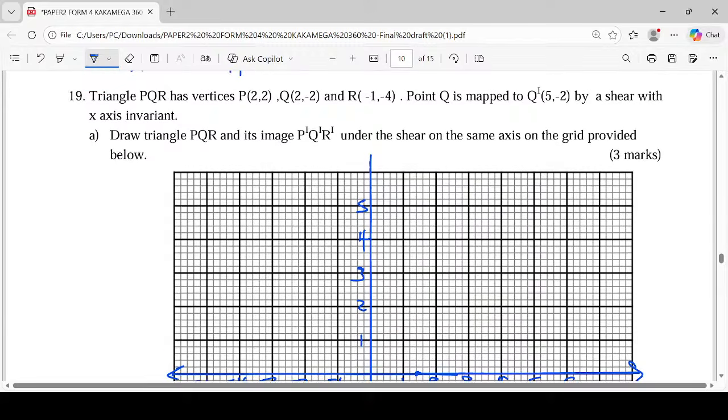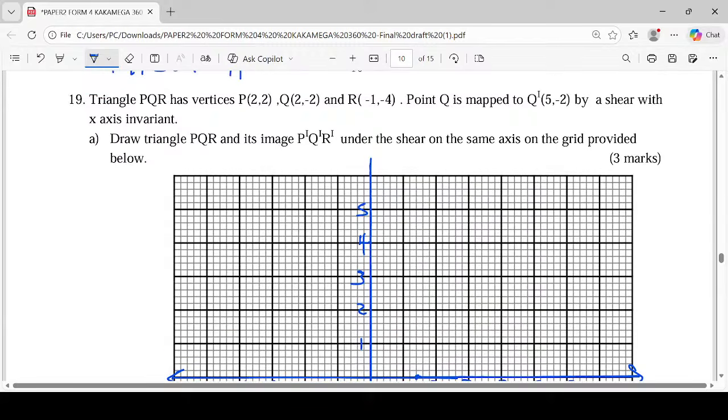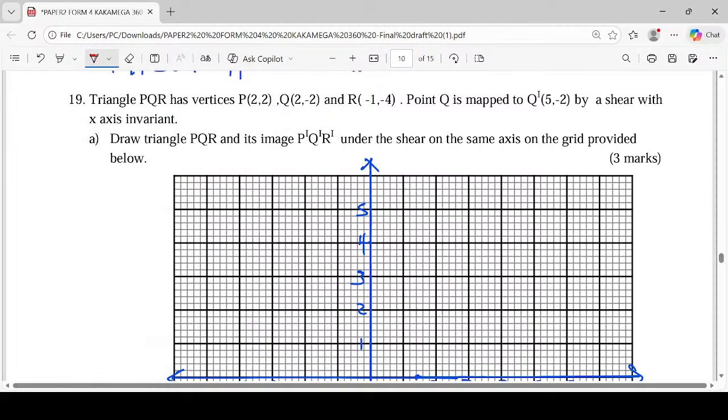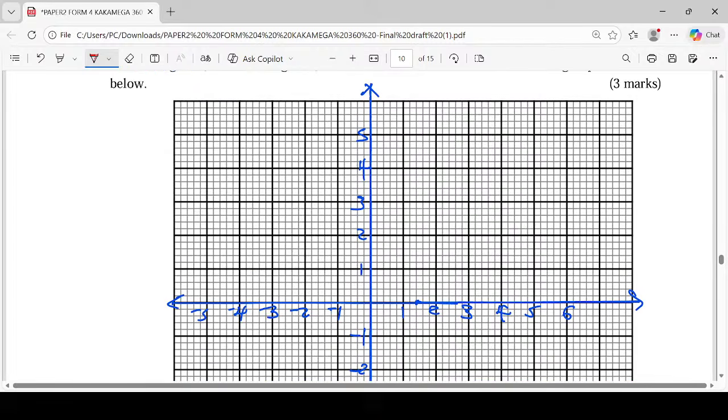Now let's do the plotting. We are being told to draw the triangle PQR. I want you to be very keen with how I'm doing mine. P is 2, 2.